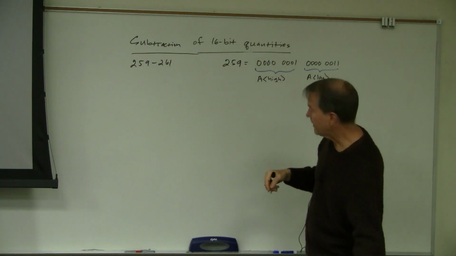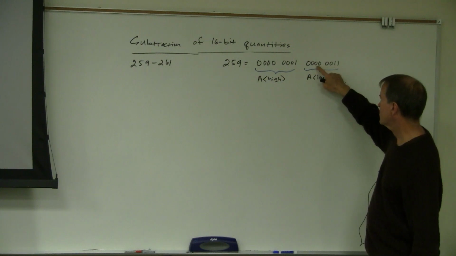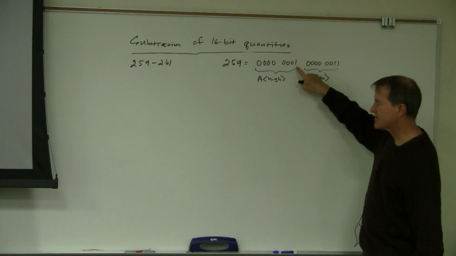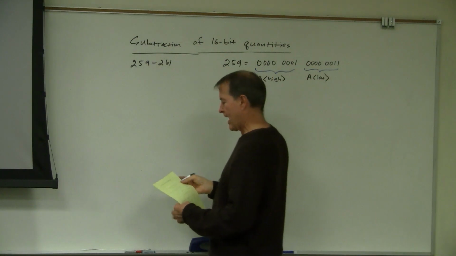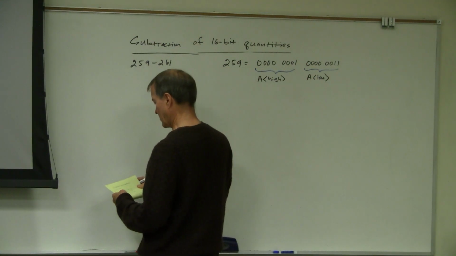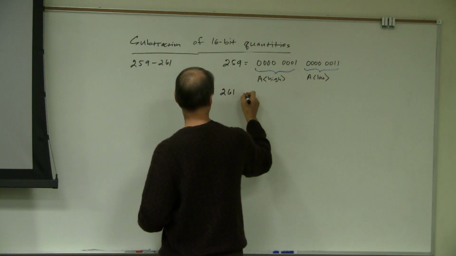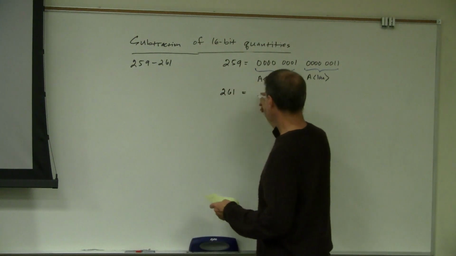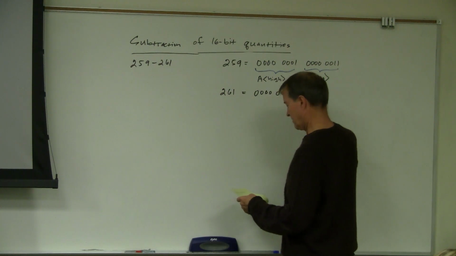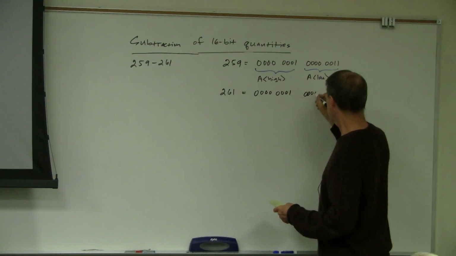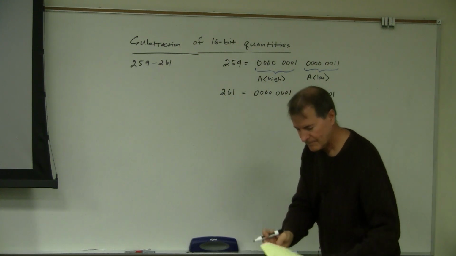You can see that this is 259 because it's 1 plus 2, 4, 8, 16, 32, 64, 128, 256 plus 3 is 259, right? Now what is 261? 261 is 0, 0, 0, 0, 0, 0, 0, 1, 0, 0, 0, 0, 0, 1, 0, 1.